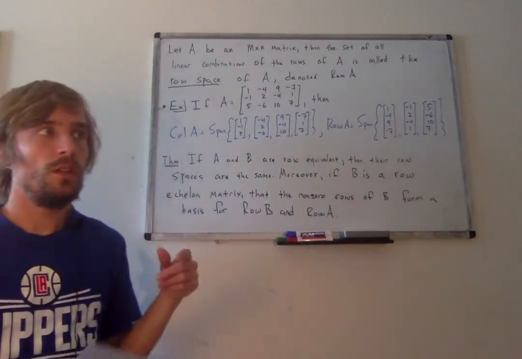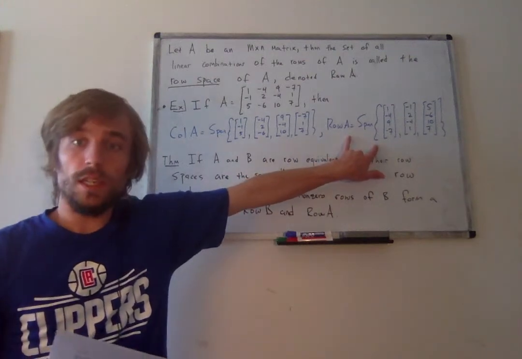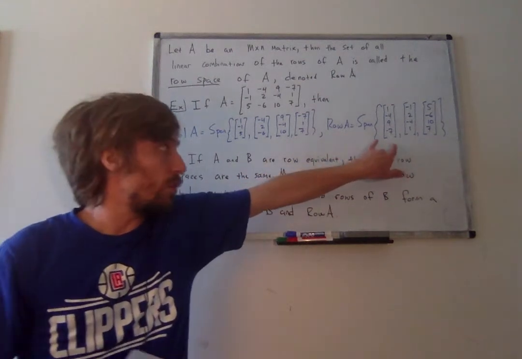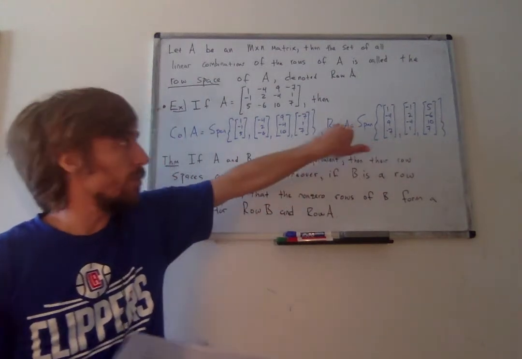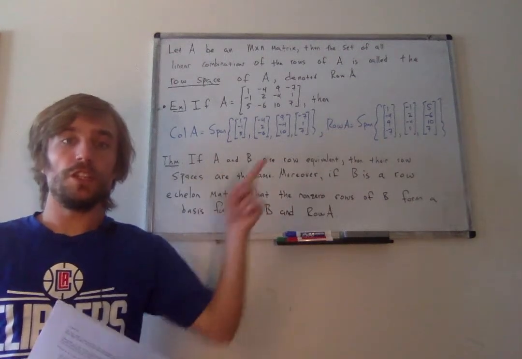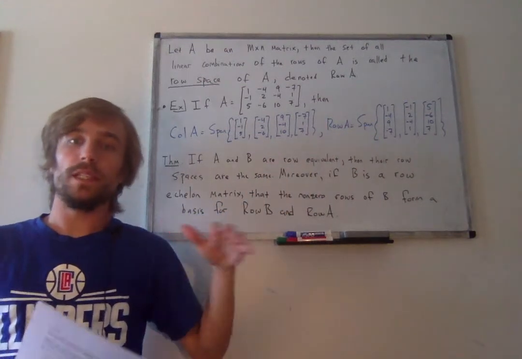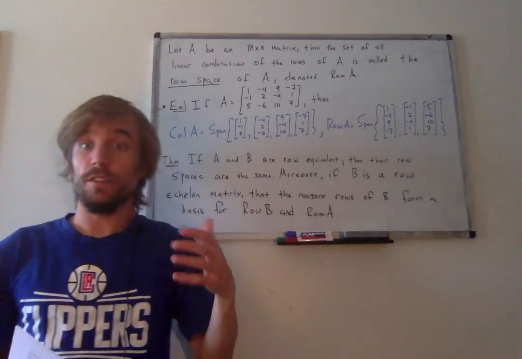Well, remember, just by looking at a set of vectors, this statement here is half of what this would need to be a basis, right? The span of these three vectors is equal to the row space of A. But remember, if I don't know that these three vectors are linearly independent, then there's no way to guarantee that this is, by definition, a basis.